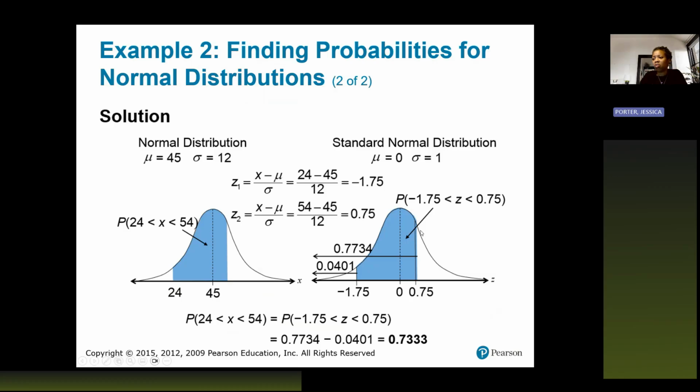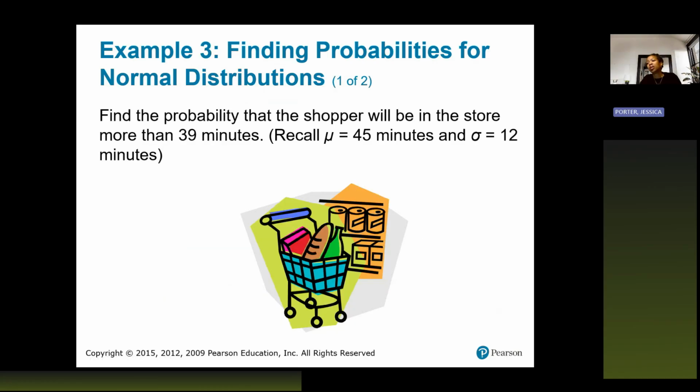So basically, what they're trying to tell you is that you don't have to have a mean of 0 and 1, but you can always get back to a mean of 0 and 1 if you should so choose. And so they want us now to find the probability that the shopper will be in the store more than 39 minutes.